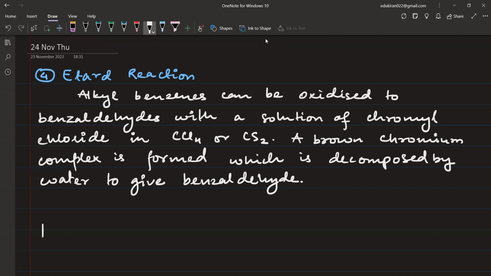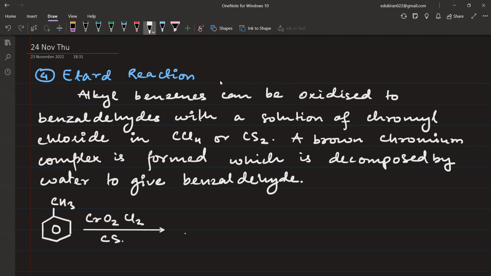Please write the reaction. This is toluene, a benzene ring attached to a methyl group. Chromyl chloride is CrO2Cl2.